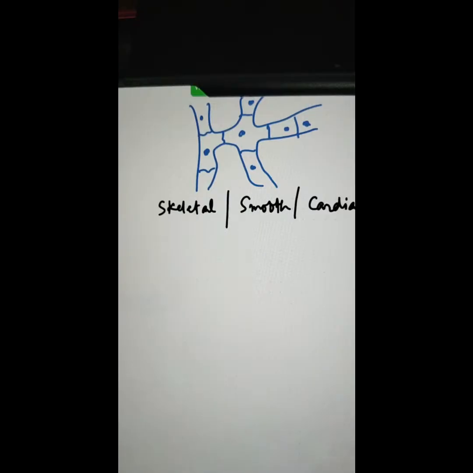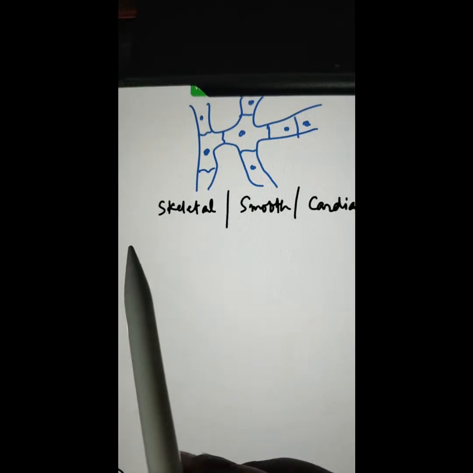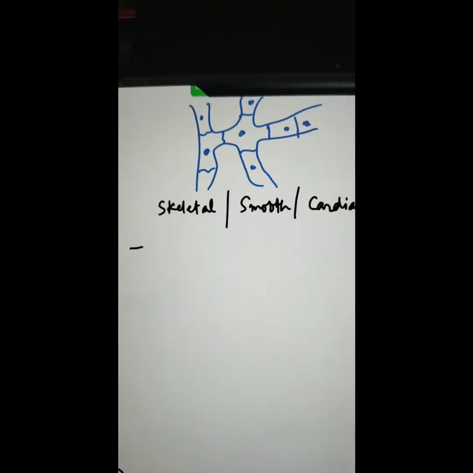Now, for skeletal muscles, what are the points you are going to write? Just wait. I have already written, so I will be just speaking. In case you want to note it down, you can note it down. We'll be talking about their structure first, right? So the first point will be cylindrical, unbranched, and multinucleated.